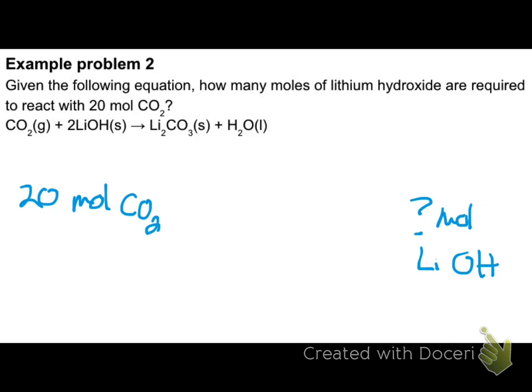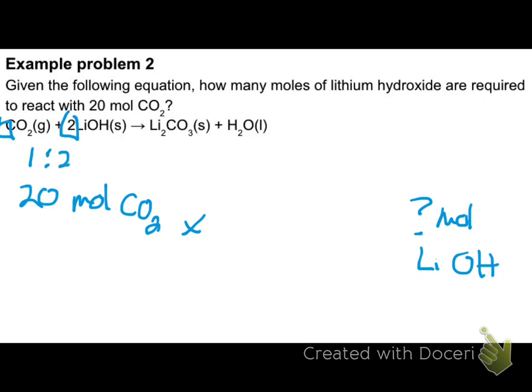So somewhere in between, we need a conversion factor. So we're going to go ahead and look up at our equation and see we have 2, and then we have no number, which means 1. So the relationship between these is 1 to 2.